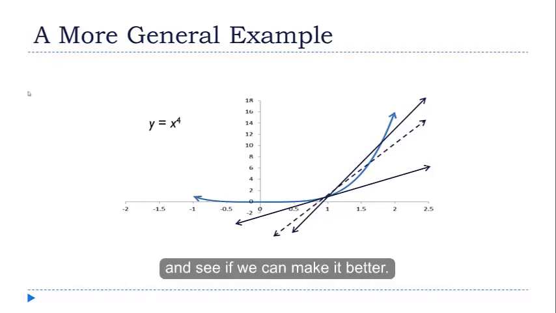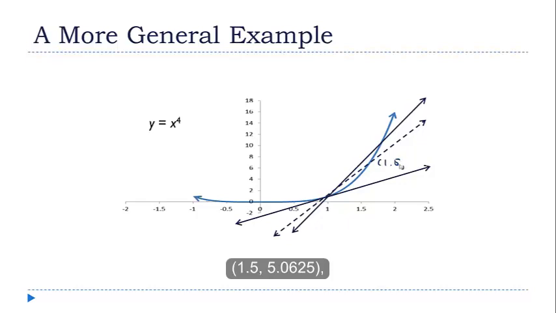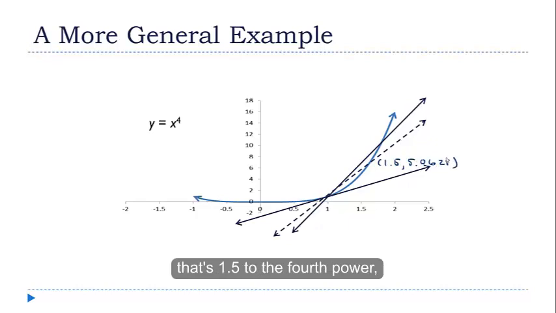So suppose I use 1.5, comma 5.0625. That's 1.5 to the 4th power as the second point instead of 2 comma 8. Or excuse me, 2 comma 16.